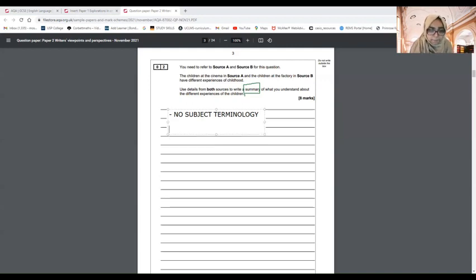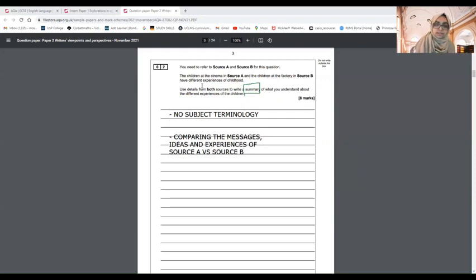Lots of people ask me that. So essentially, it's analysing. Actually, I'll correct that. It's not really analysing because they don't call it analysing, but it's comparing the messages, ideas, and experiences of source A versus source B. Now pay close attention to what the question asks you to do.